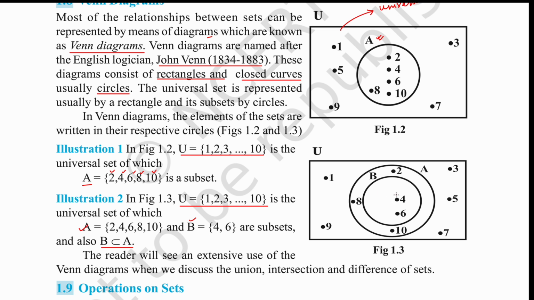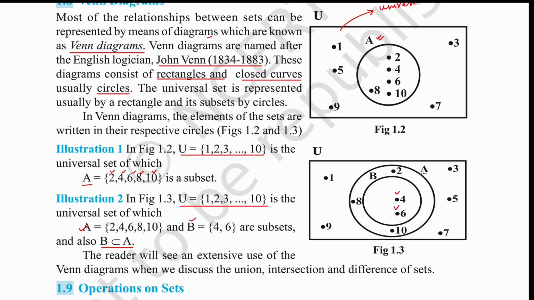Here we have represented B, and in B there were two elements, 4 and 6. In set A we had 2, 4, 6, 8, and 10. Clearly, you can see that 8 and 10 are lying outside set B. That means 8 and 10 are elements of A, but they are not elements of B. And in the universal set, you have 1, 2, 3, 4, 5, 6, 7, 8, 9, and 10.